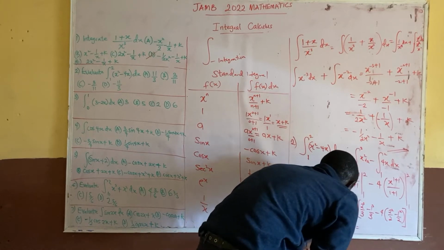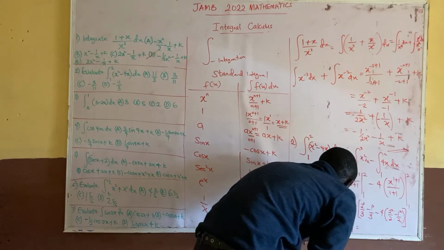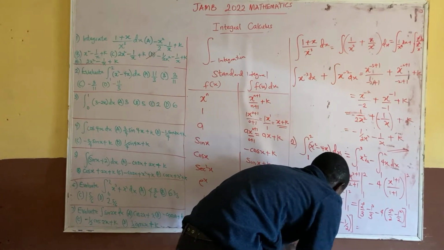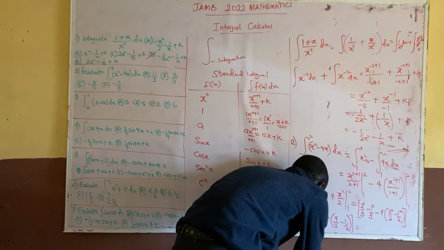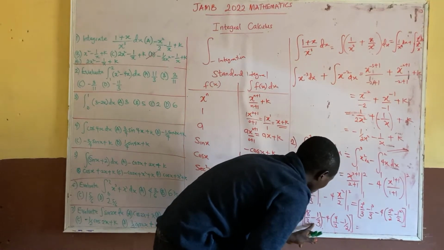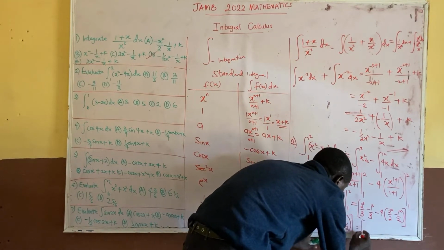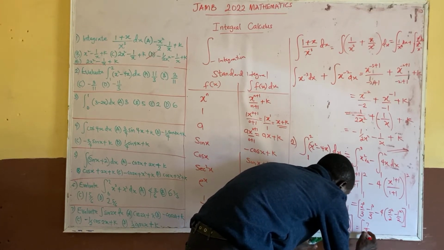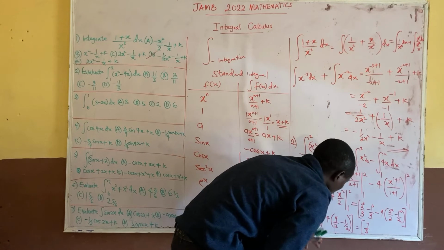So we have now 8 minus 1, since they have the same denominator, gives 7 over 3.